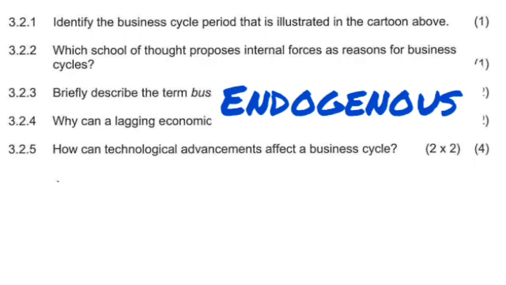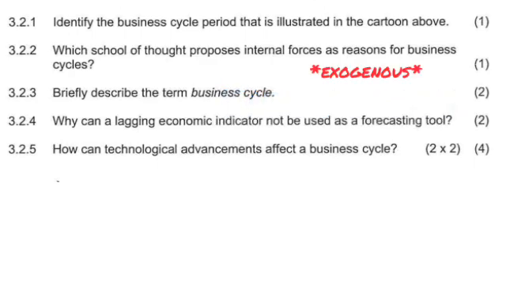Endogenous forces are within the economy itself, like the value of demand and supply, the value of the rent, and the way people spend. Whereas exogenous forces are things that are outside the economy, but they still affect the economy, like the environment. The environment is a standalone thing, but when the environment is bad, for example, there's no rainfall, farmers suffer, which means what they produce is going to be affected. So those ones will be exogenous.